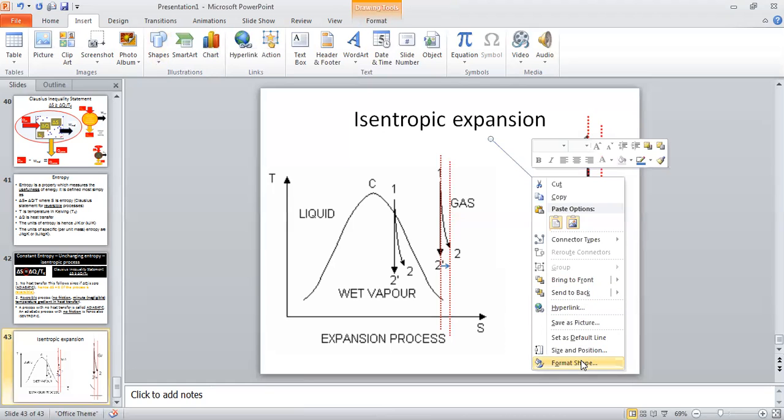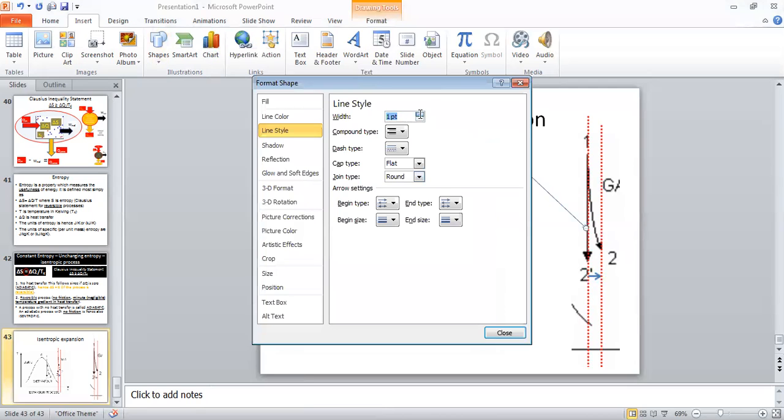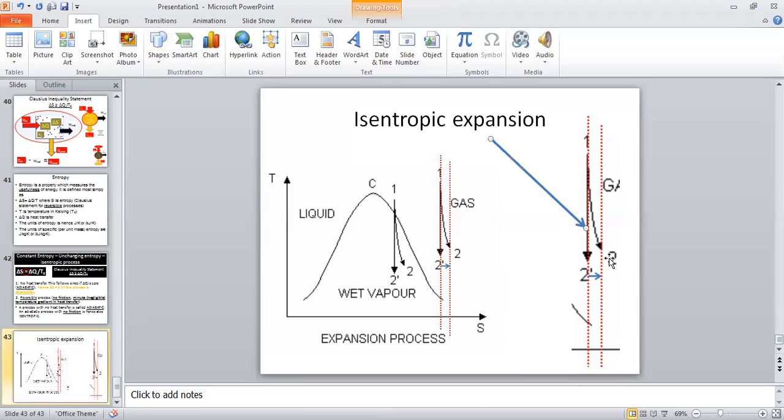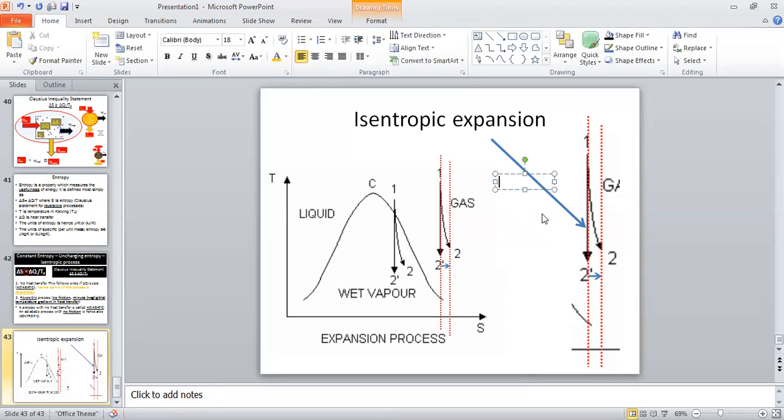Zero friction, no friction is generally not possible. Okay, so isentropic is ideal.